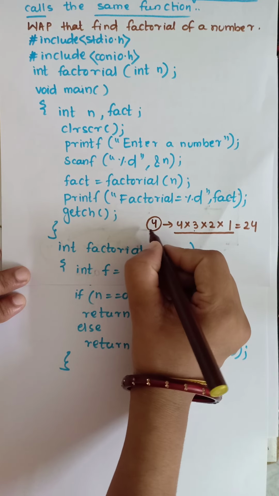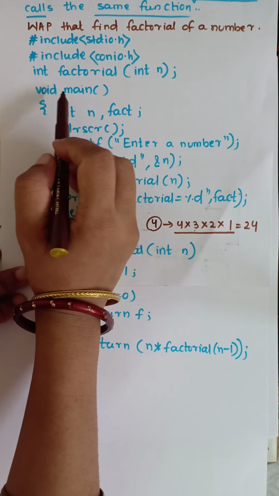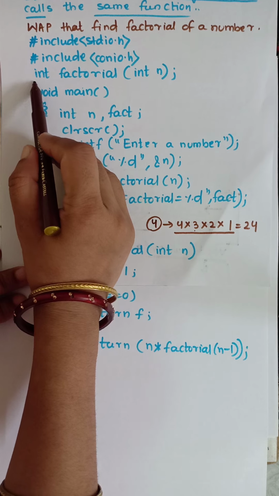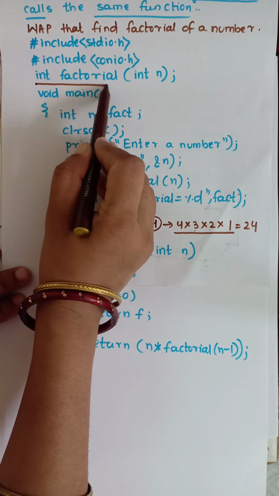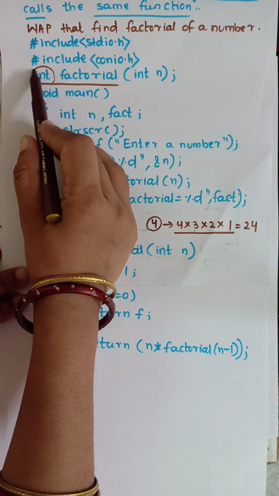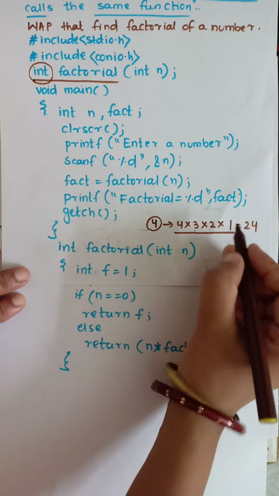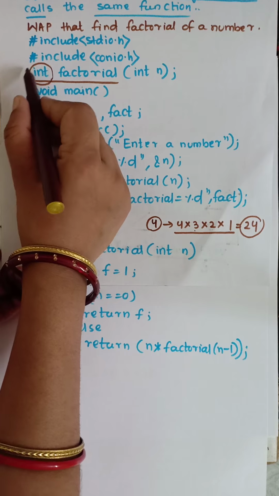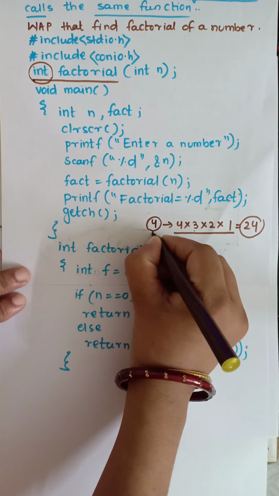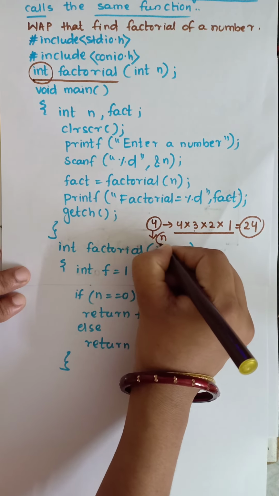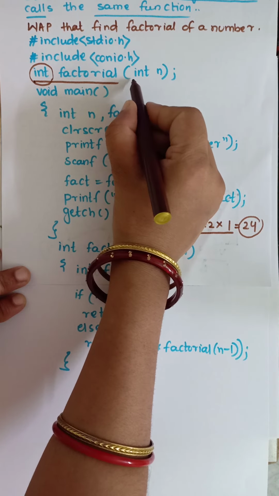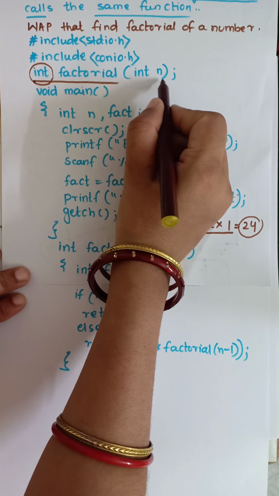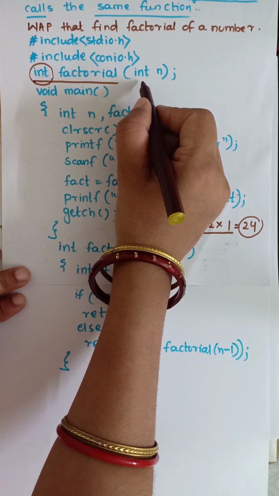If we enter the value n, so look here, first here I write the function declaration. Here I use the integer type, meaning the function returns one integer value. Look here, our output is one integer value, so our function returns an integer, and the n value we input is also an integer.